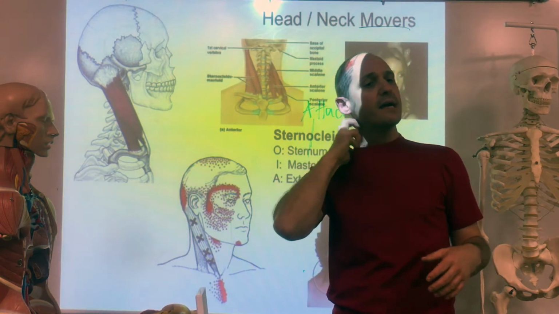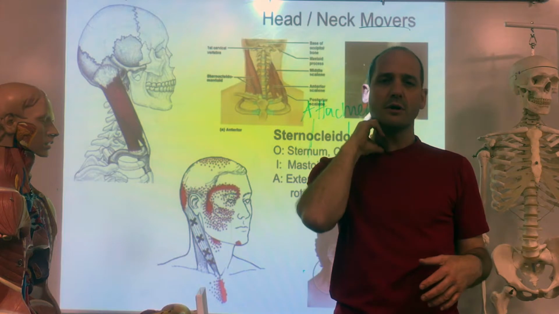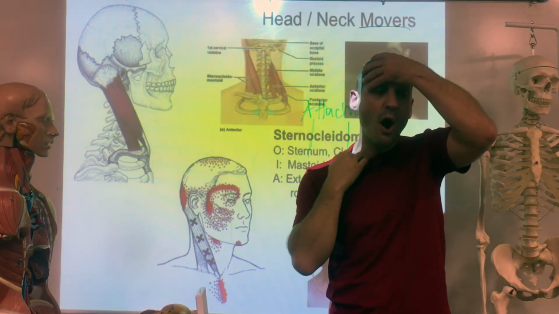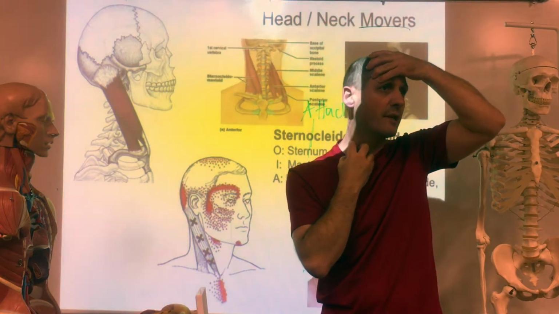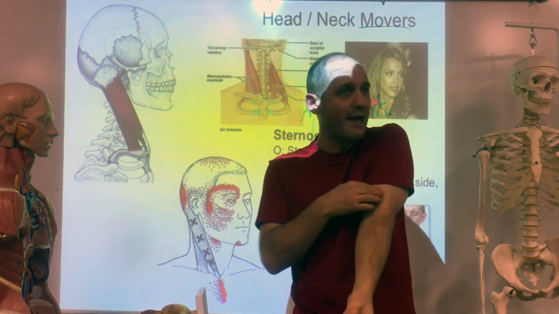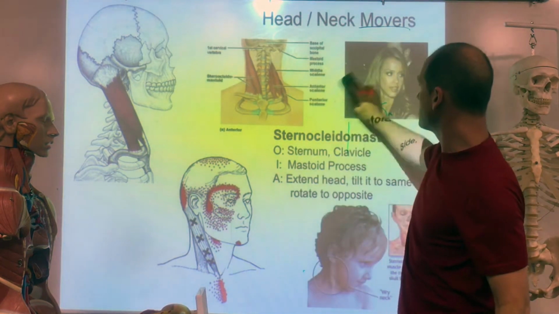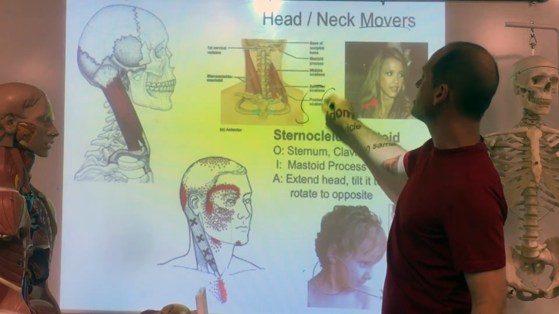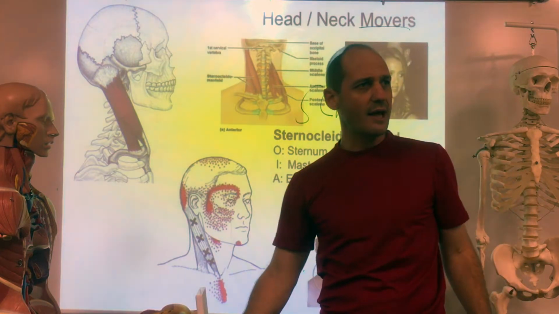I can take this and show it and say, what does it do? Oh, it does this. Or I can oppose the motion, and it bulges out, and I can feel it. We can do all that with these. So that's a good way of studying them. So that's the sternocleidomastoid, or we call it the SCM, so we don't always have to write out that name.